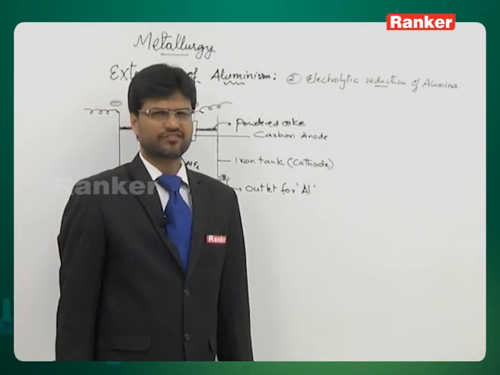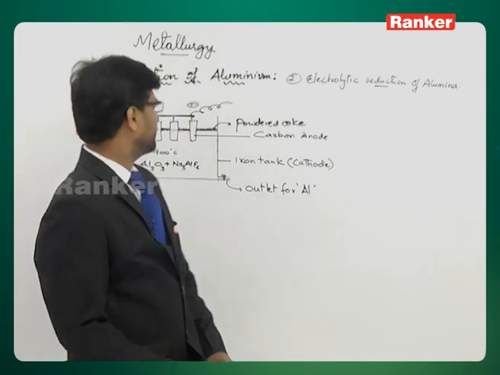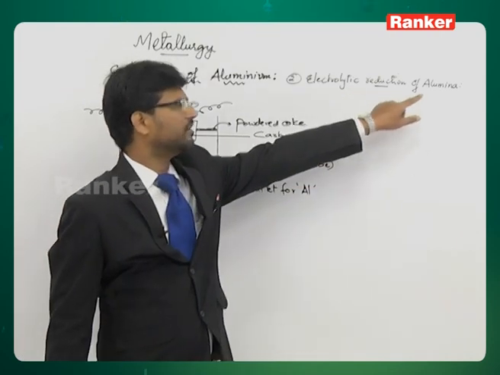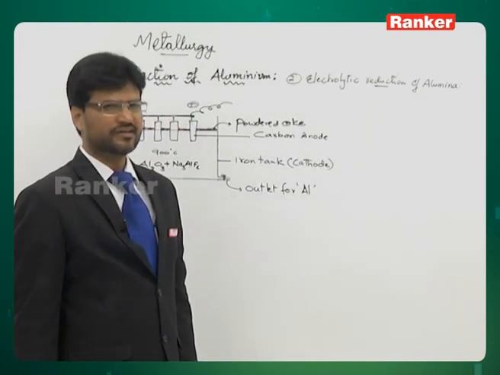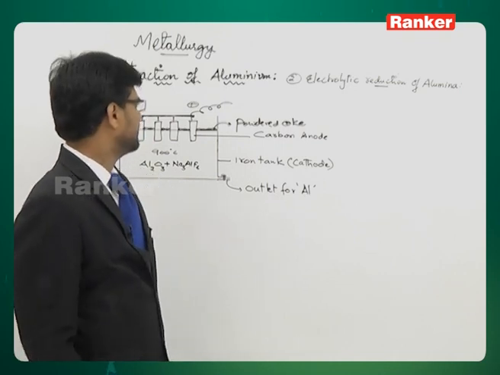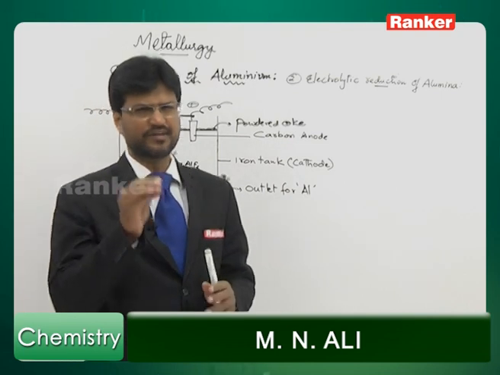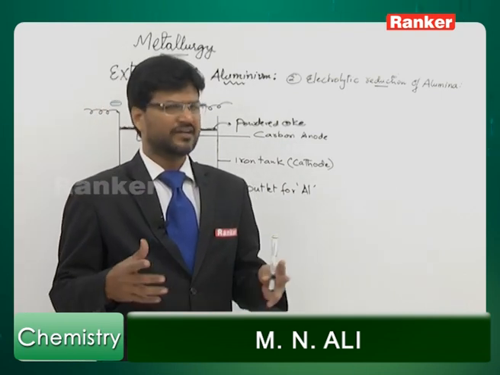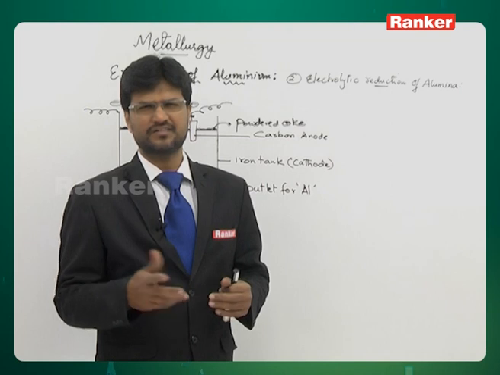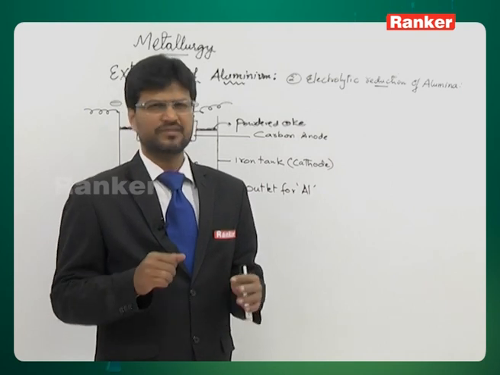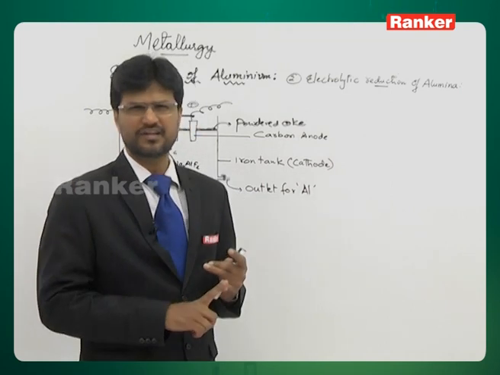The next stage in the extraction of aluminium is the electrolytic reduction of alumina. See, the biggest problem with alumina is its high melting point. It melts at a very high temperature, somewhere around 3000 degrees Celsius. Another big problem with alumina is that it's a bad conductor of electricity.